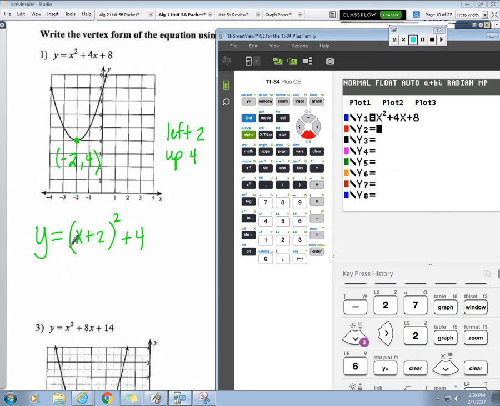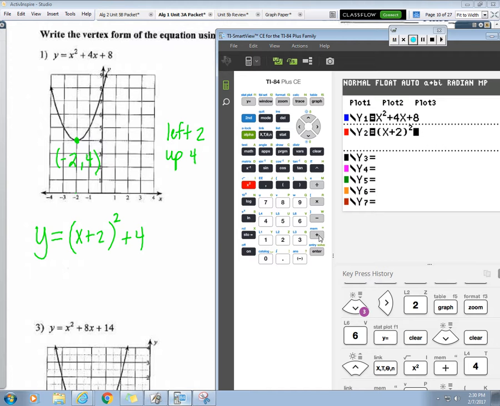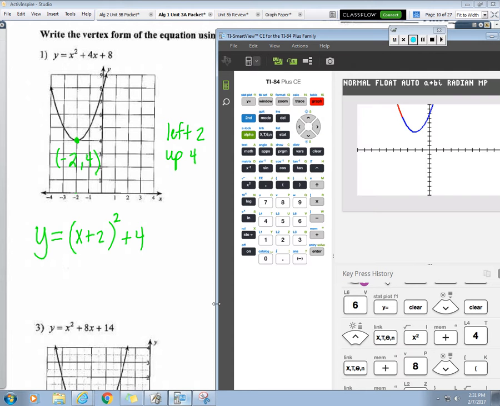We rewrote it in vertex form, which is x plus 2 squared plus 4. And now watch. I'll prove that this equation and this equation are the exact same parabola, just written in 2 different formats. Standard form, vertex form. See how it's the same parabola?